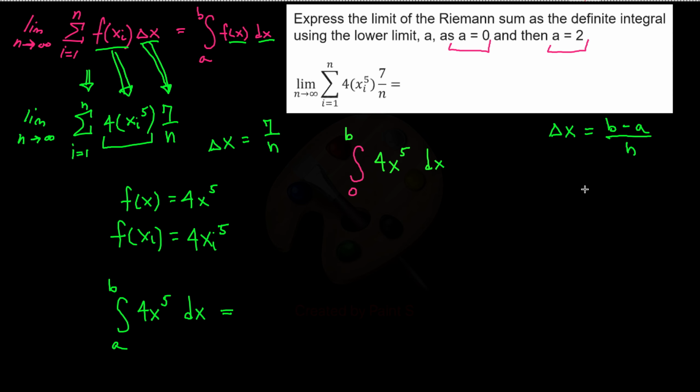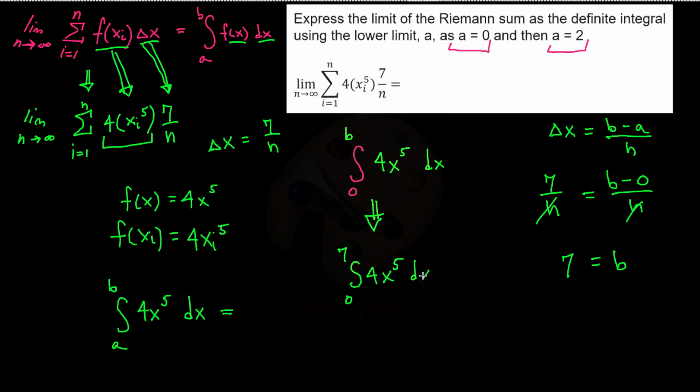In this case delta x is 7 over n, b I don't know, and a I know is 0 in the first case. This forces b to be 7. So I have my first definite integral: the first case is the integral from 0 to 7 of 4x to the 5th dx.